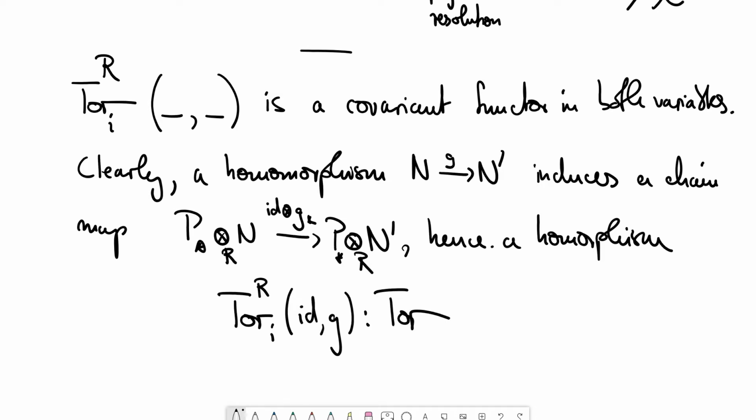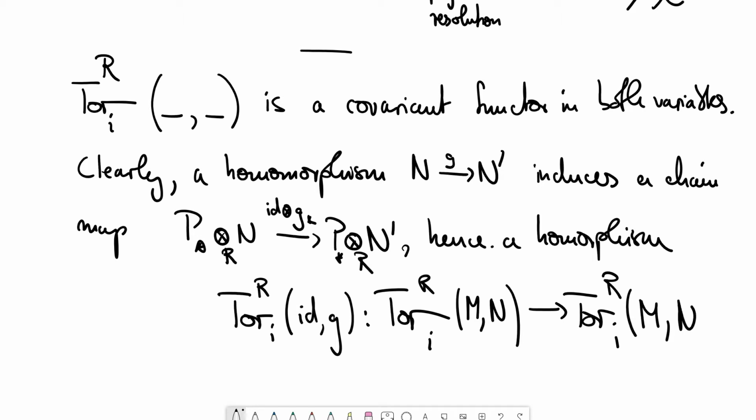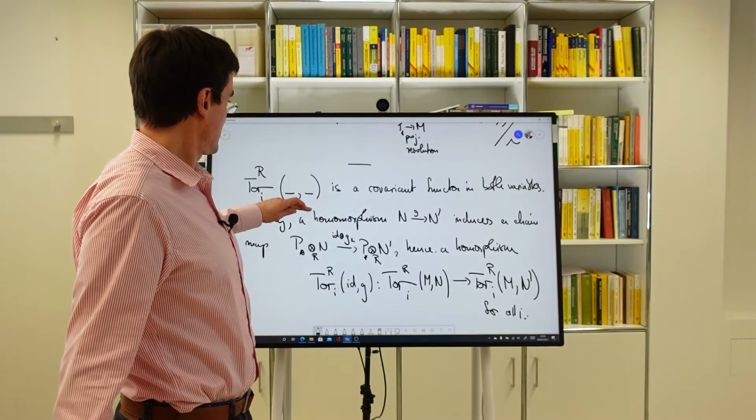Because then you go to homology, you get an induced map from Tor_i(M,N) to Tor_i(M,N prime) for all i. Okay, so that's pretty easy.